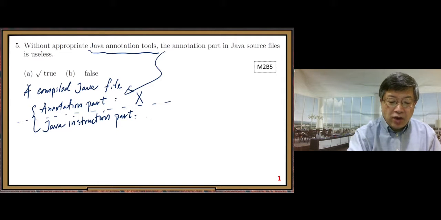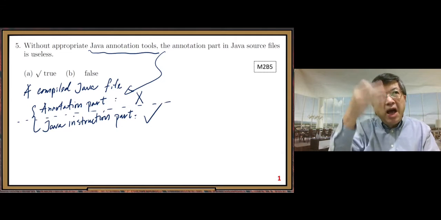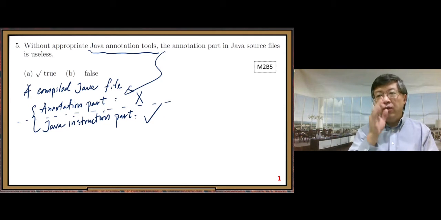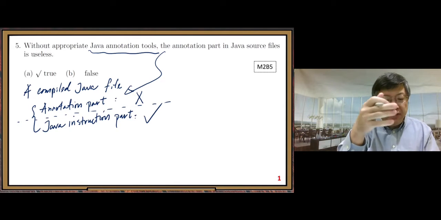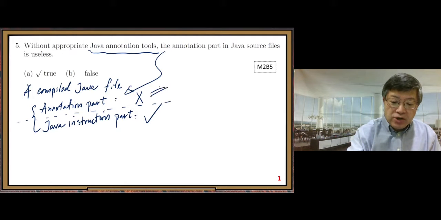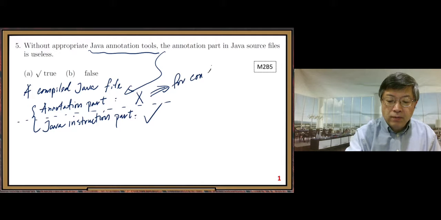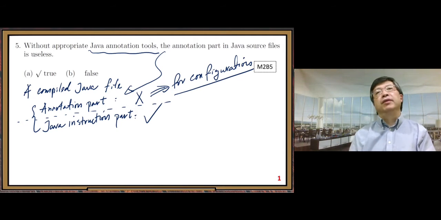Yeah, but the instruction part can still be used. The same as before. They work the same as before. Before means with annotation part. Yeah. So the annotation part mainly is used for configuration. But that configuration part is gone. Okay?